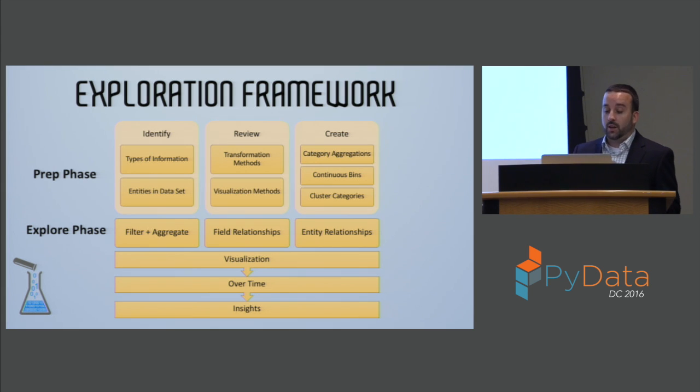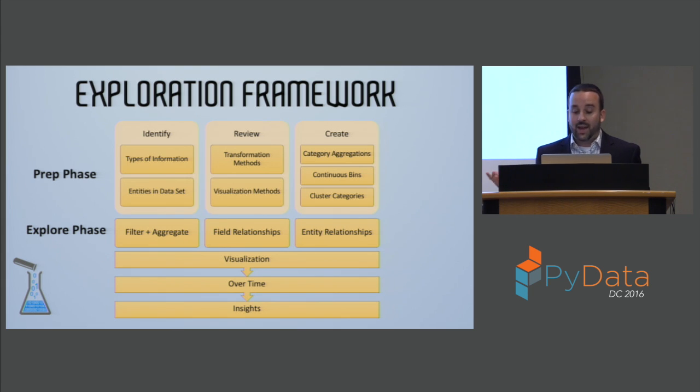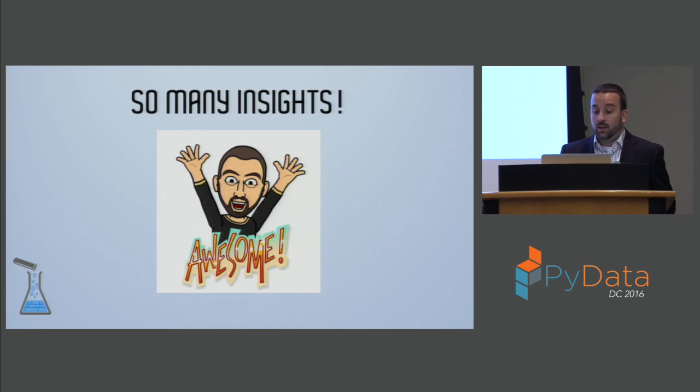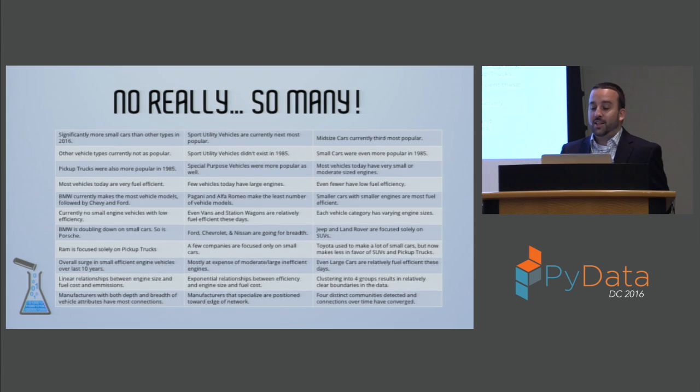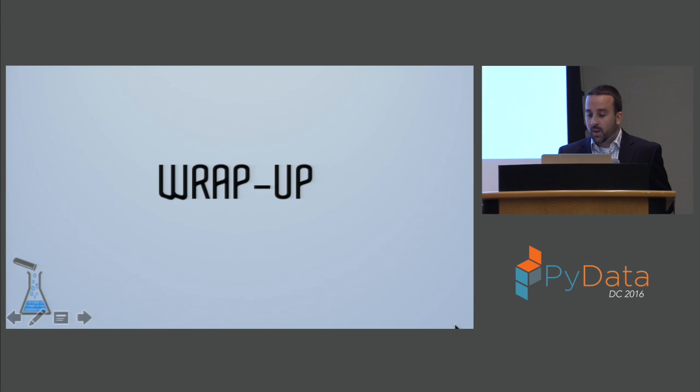We did all this visually, we did all this over time whenever possible, and what do we end up with at the end of the day? So many insights, right? Just in the short amount of time that we've been taking a look at this data set, look at all the insights that we've discovered from it. About 1 insight per minute on average, which is actually pretty good. So we're not doing too bad here.